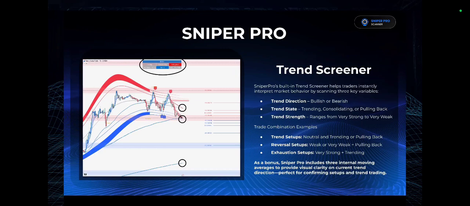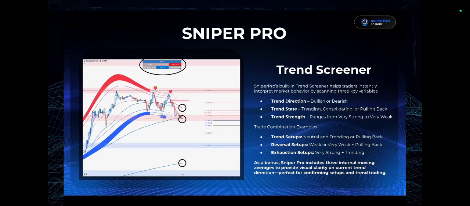So in this visual example, you can see that the market is bullish. It is above the long-term EMA. However, it is pulling back. And then from there, you have the trend strength. And this will determine the velocity of the trend, whether it's a very weak trend, a neutral trend, or a very strong trend.